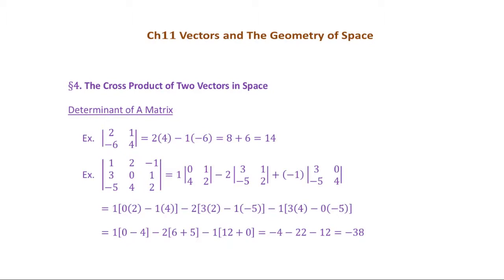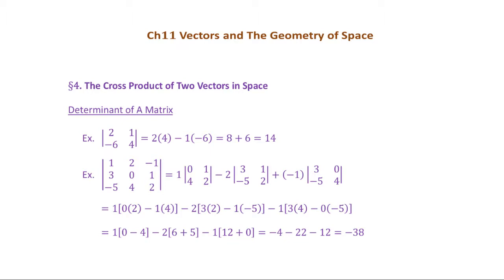another 2 by 2 matrix obtained from deleting the first row and the second column. You just delete the first row and the second column. So you get 3, 1, -5, 2. That's the 2 by 2 matrix. So you multiply 2 with that determinant of the matrix. And then you go to the third entry in the first row, which is -1, and you add.